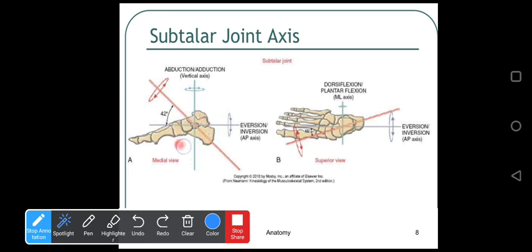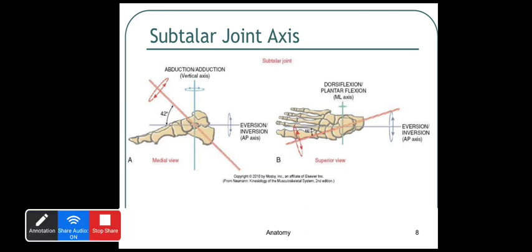I have shown the sinus tarsi, formed by the sulcus calcanei and sulcus tali. So the axis for the supination and pronation goes through the sinus tarsi. It is an oblique axis, through which the inversion and eversion take place. So that's about the axis for the inversion and eversion movements.